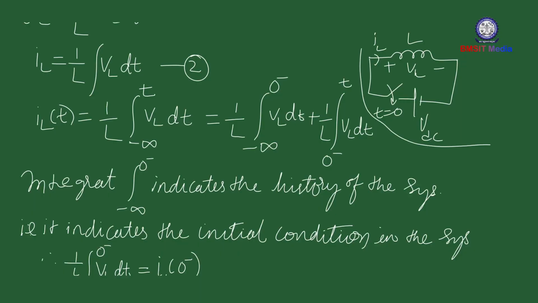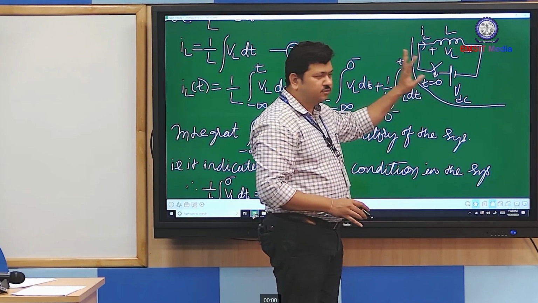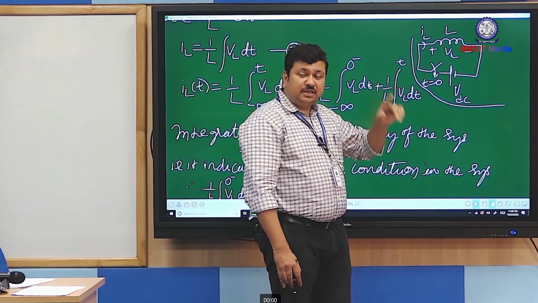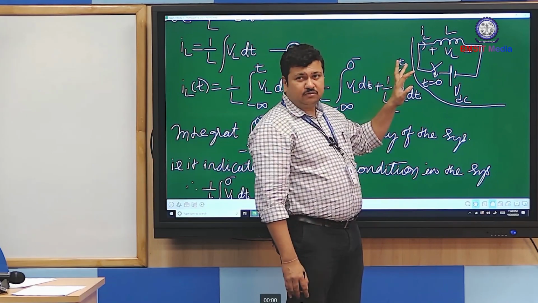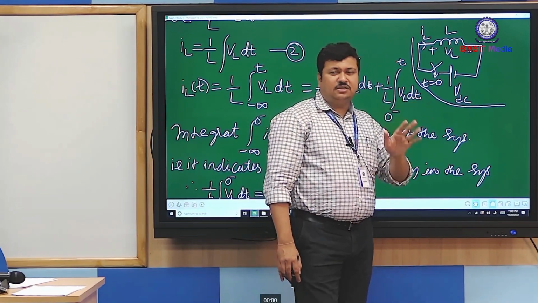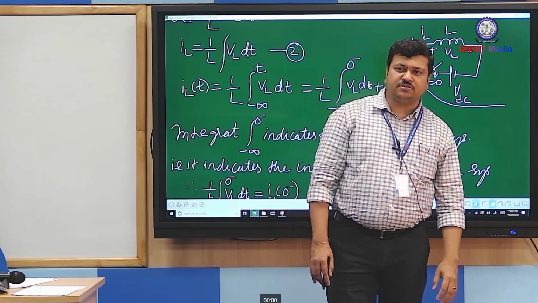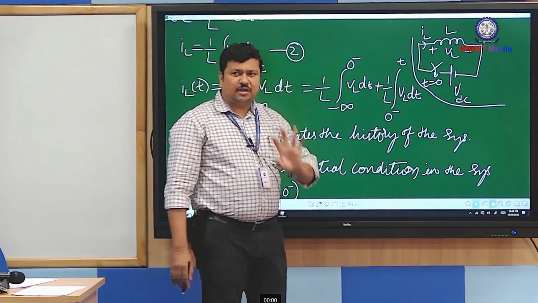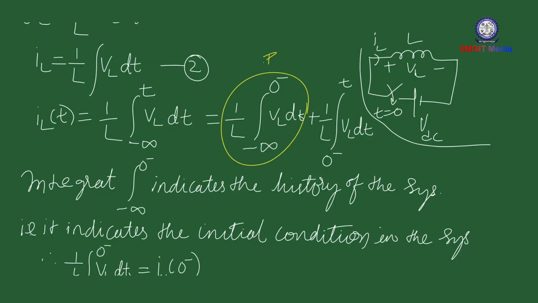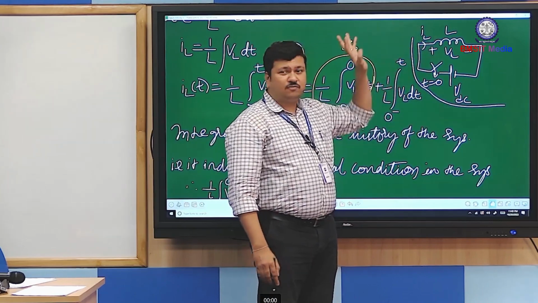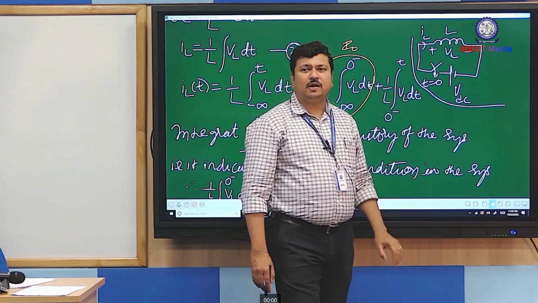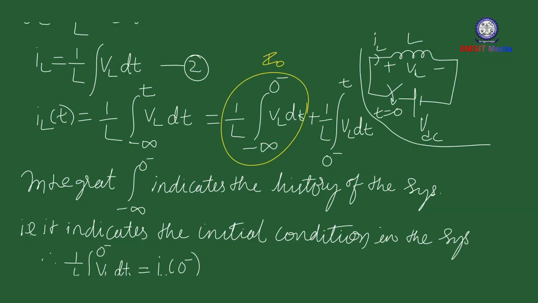So before the switch is closed, there is no application of source voltage VDC or Vs. But still, for t equal to minus infinity to t equal to 0 minus, there is some current I naught. What does it mean? Without a voltage source, there is current flowing in the inductor. It means that the inductor is equivalently behaving as a current source.